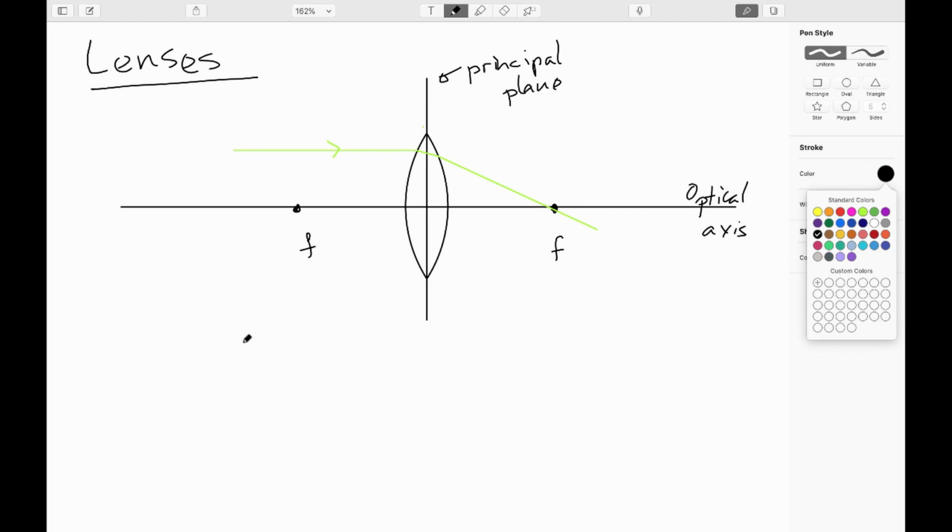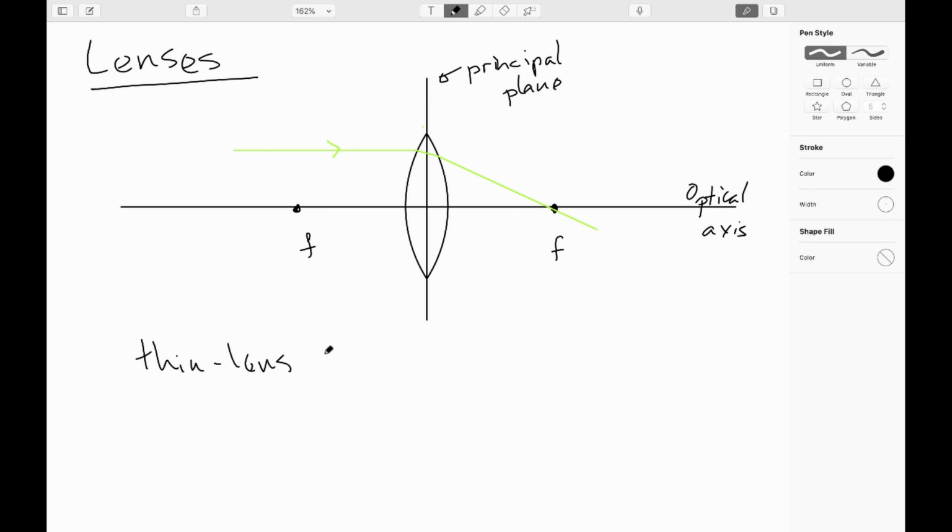And then you can go ahead and apply the thin lens approximation.